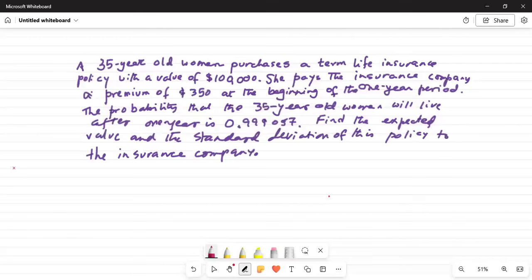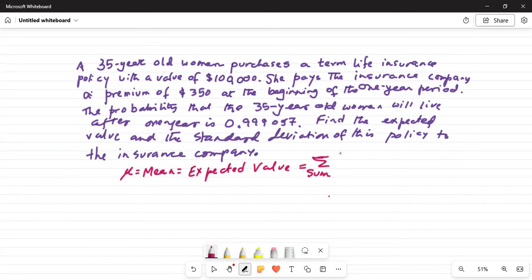So the mean, mu, is the same as the expected value. This means summation of x times p. X is the value for each situation multiplied by the corresponding probability.